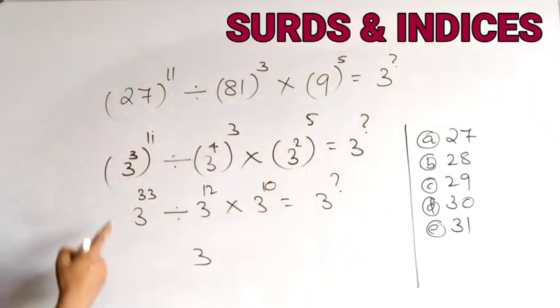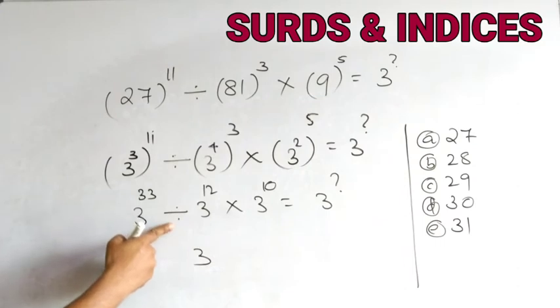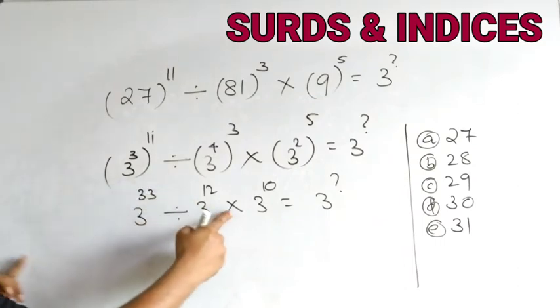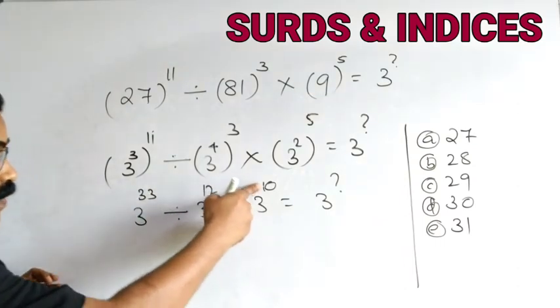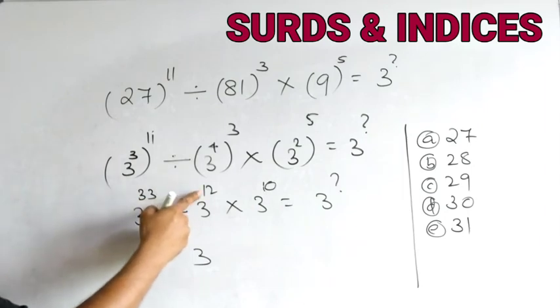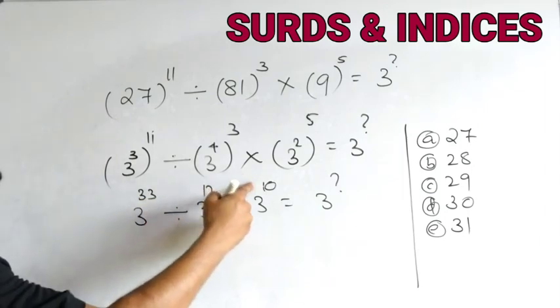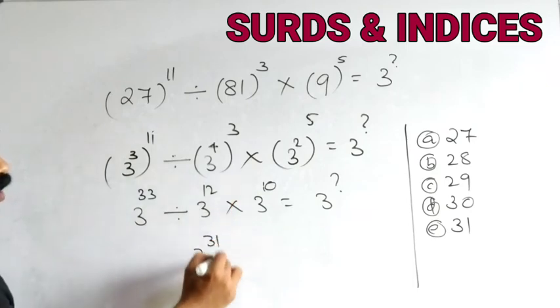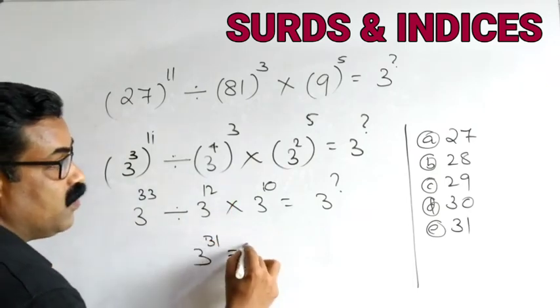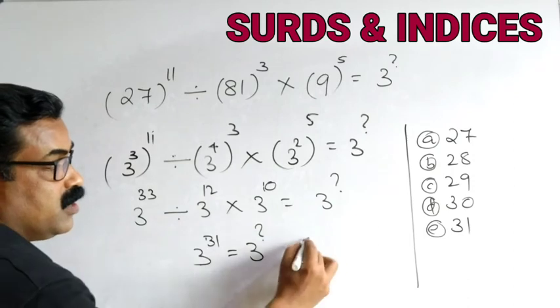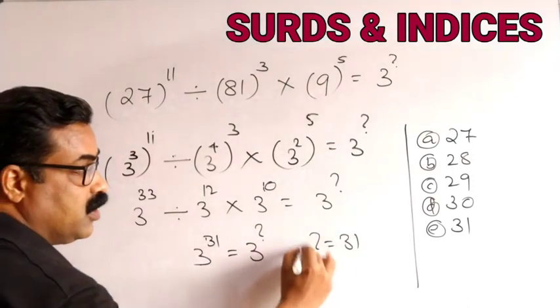Division means the power will become minus. Multiplication means it will become plus. So 33 minus 12 is 21, 21 plus 10 is 31. So 3 power 31 is equal to 3 power question mark. So the question mark is equal to 31.